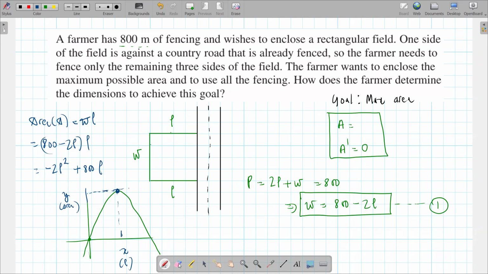To find the vertex of a quadratic, find the first derivative, set it equal to 0. That's A. What'll be A prime? What's the derivative of this function?